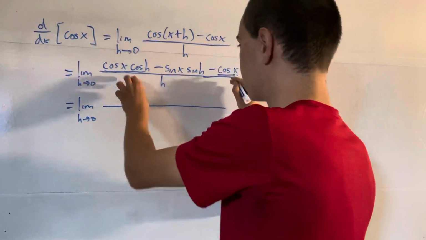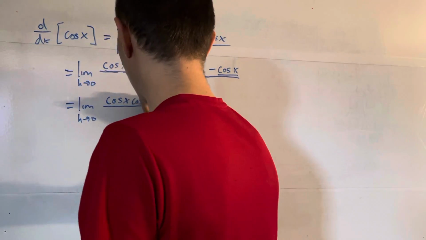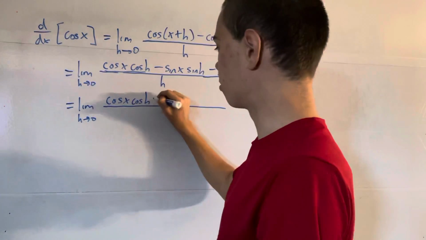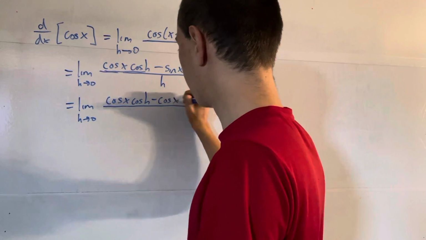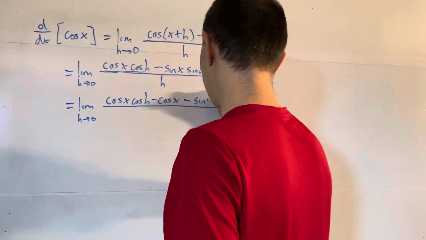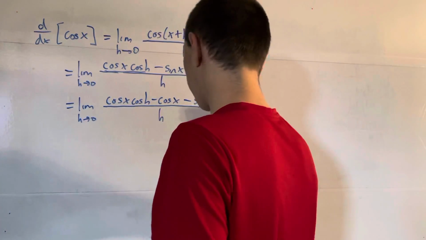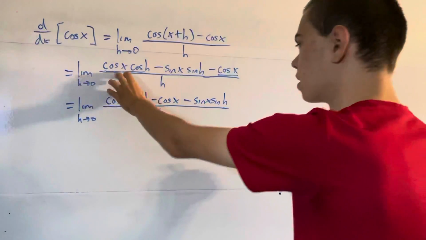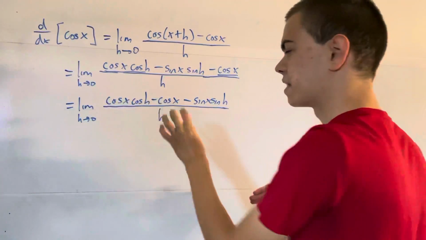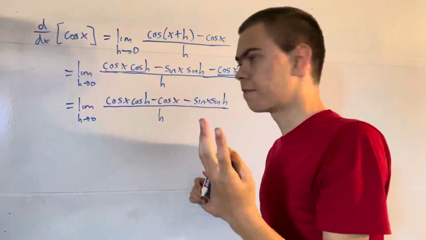What we're going to get is cosine of x, cosine of h, minus the cosine of x. And then we just have the rest of this, which is minus the sine of x, sine of h, over h. So we've now grouped these two terms together that both contain cosine of x. So the next thing we could do is factor out the cosine of x, right?